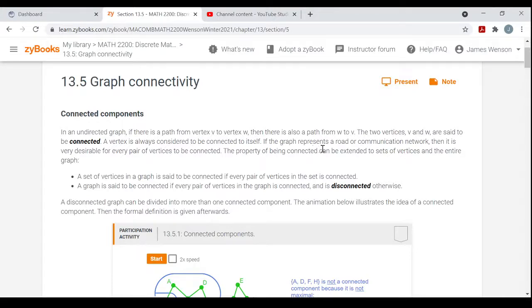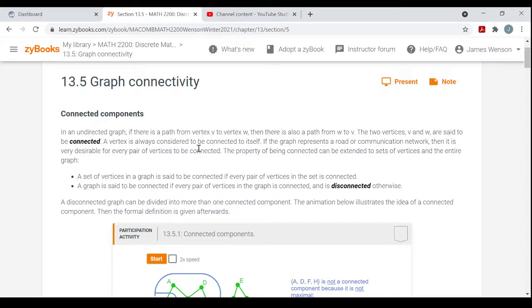Alright. If the graph represents a road or communication network, then it is very desirable for every pair of vertices to be connected. If you think of roads, and maybe all the vertices are towns, if every pair of vertices is connected, it means there is a path between every pair of towns.